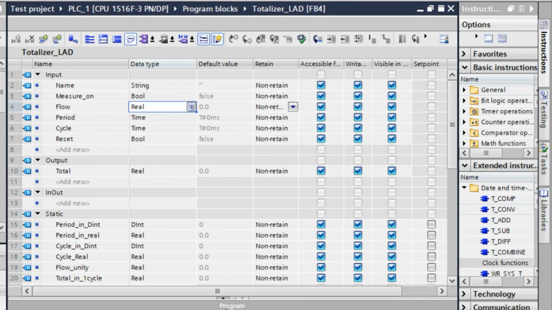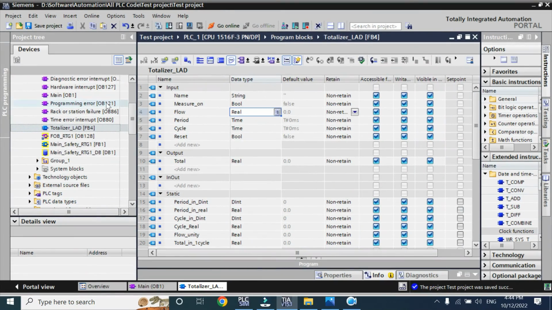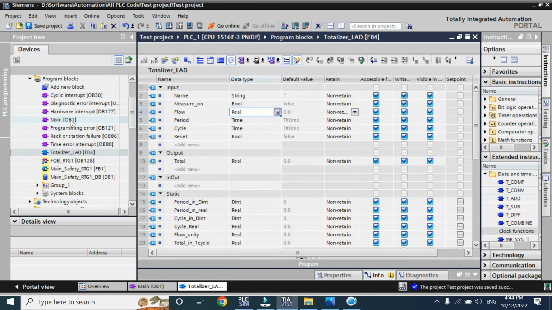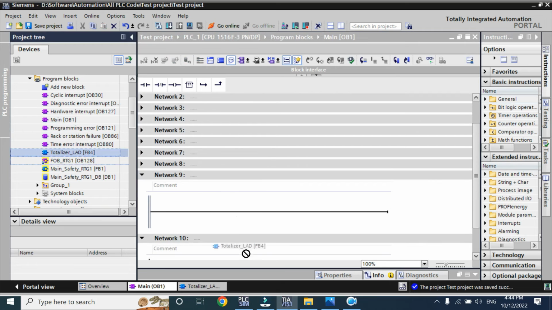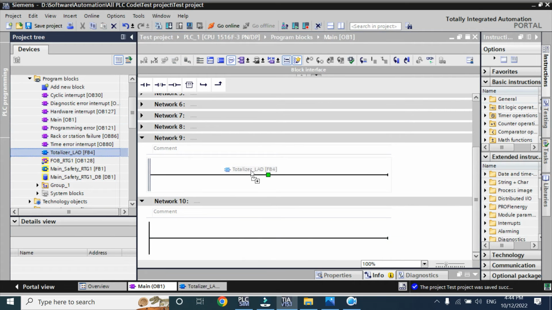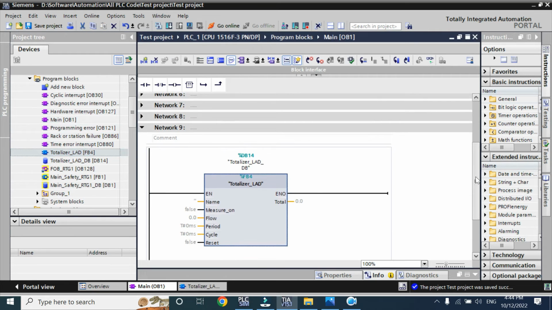Okay, now this is our whole function. You may now call this function in OB1, main OB1, or any other FC function. Okay, now I will call, here this is our totalizer in ladder.